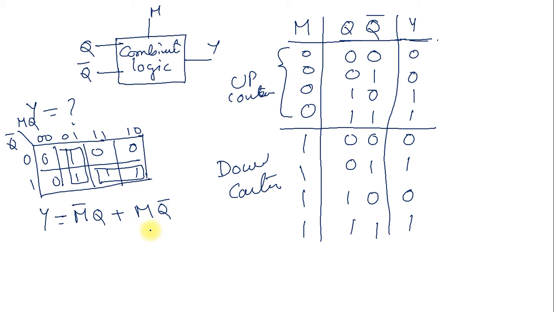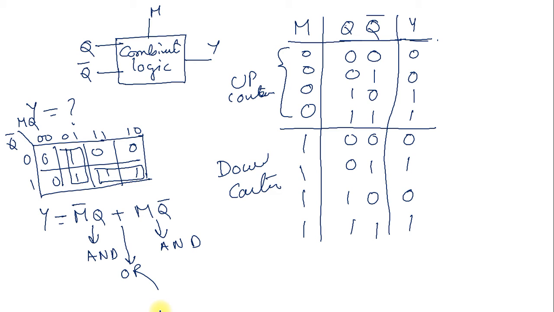Now here 3 gates are there. We can see that 3 gates can implement this logical expression. One is an AND gate, here is also an AND gate, and one OR gate.